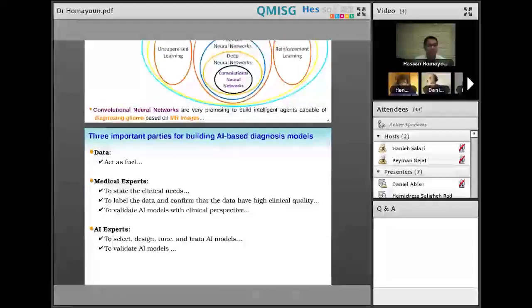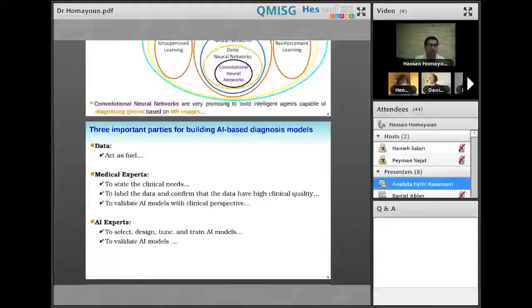In order to develop a tool for diagnosis of glioma, or of any other disease, based on MR images, three parties are needed. The first one is data. Data acts as a fuel. If we have the best AI algorithms but not high quality data, they cannot perform well.